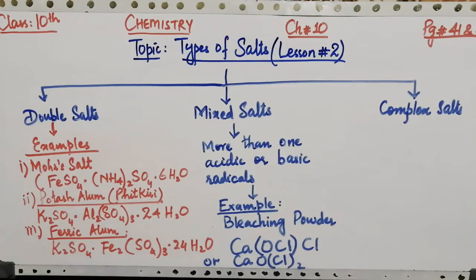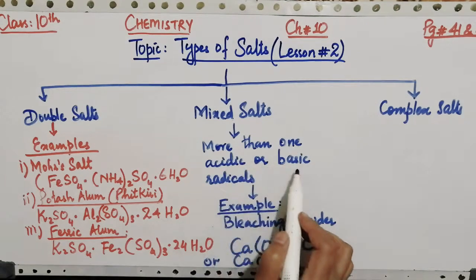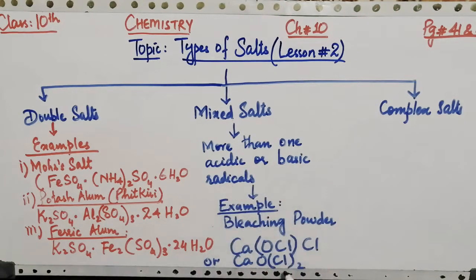This twice represents that there are more than one acidic or basic radicals, means that the number of acidic radicals is 2 while the basic radical is only 1. Or you can say that calcium has 2 positive charge on it while the chloride has -1. Even the oxygen has 2 negative charge on it.